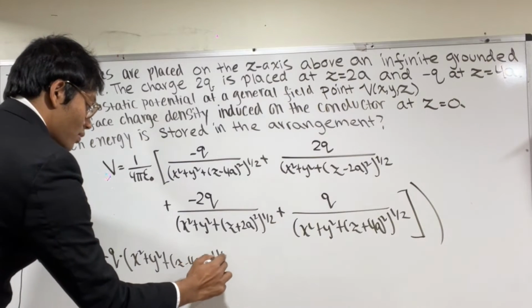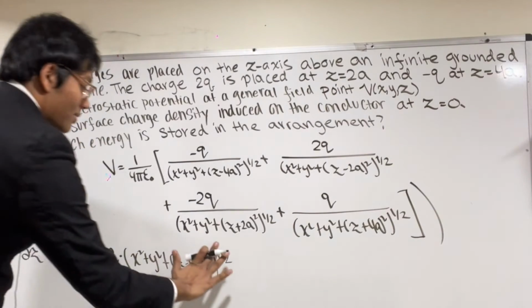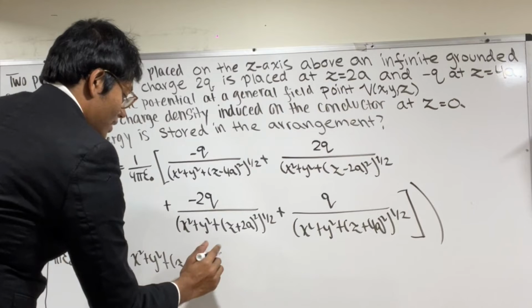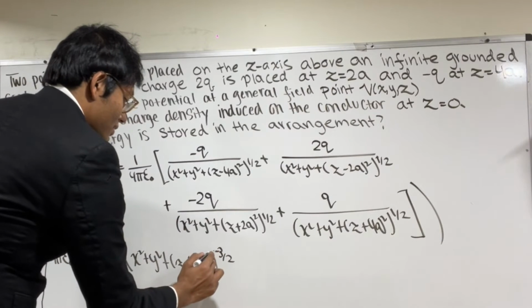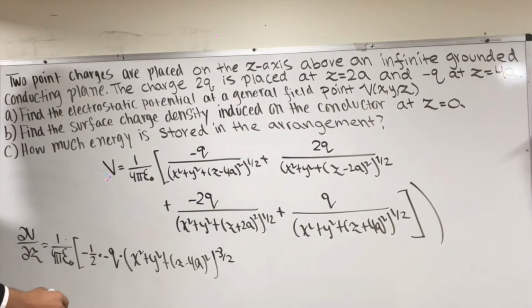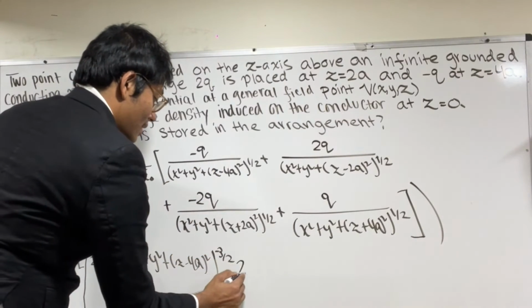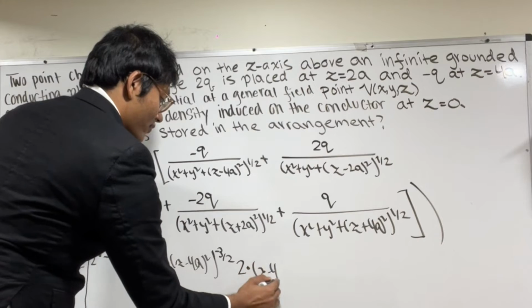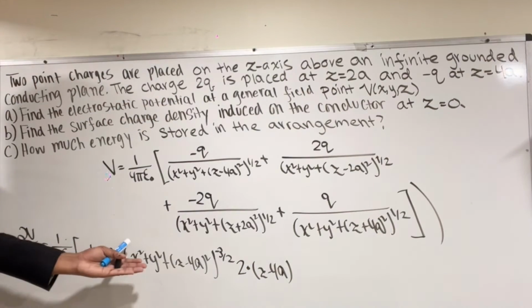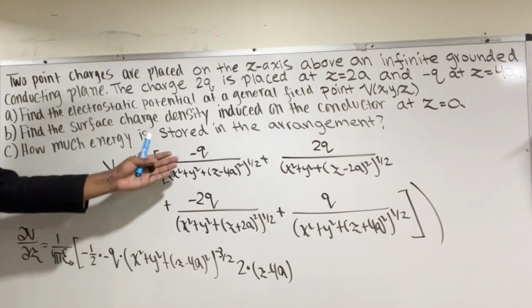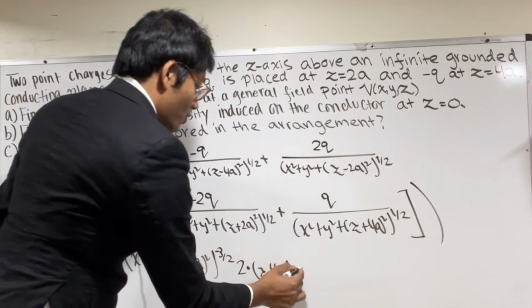It used to be to the 1/2, but now it's going to be 3 halves on the denominator, so it's going to be minus 3 halves. And now because of the chain rule, we have to differentiate the inside, giving us a nice 2 times z minus 4a. So that's the derivative of the first term. Now rinse and repeat for the other terms.